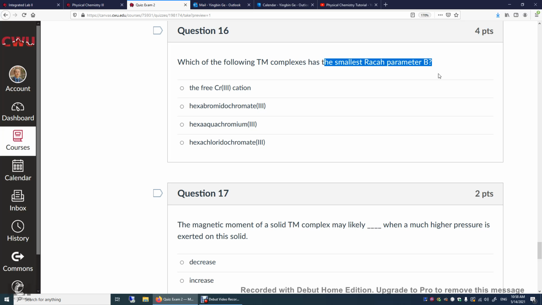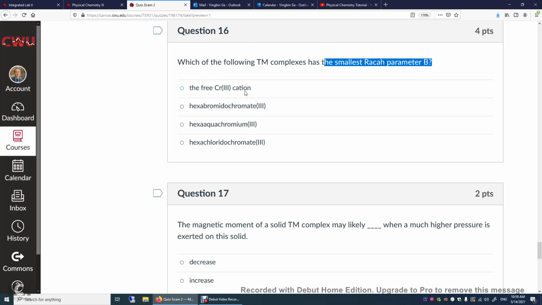So when you have dxy and dx squared minus y squared electrons, they have a stronger repulsion. But when you have dxy and dz squared electrons, they have less repulsion. When you have a free transition metal cation, you have the largest difference between these 2 cases. So do not choose the free cation.